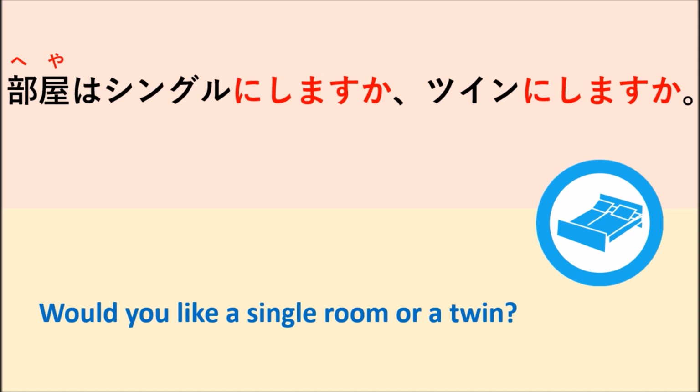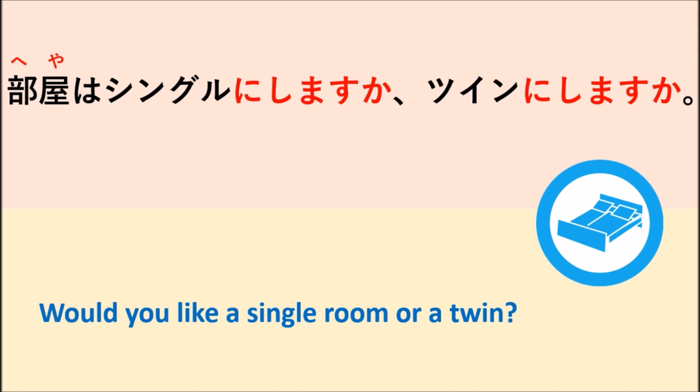So when you want to ask another person to decide something, which is to decide what? The room, right? Heya means the room. You need a single room or a twin room. You can make a question like ni shimasu ka? Shinguru ni shimasu ka? Tsuin ni shimasu ka? This is how to create a sentence by using ni shimasu.